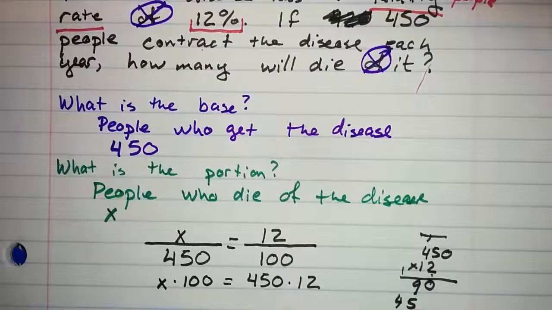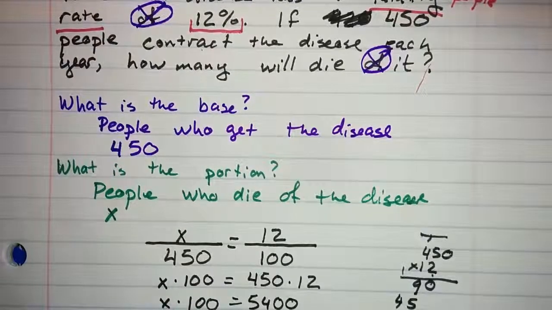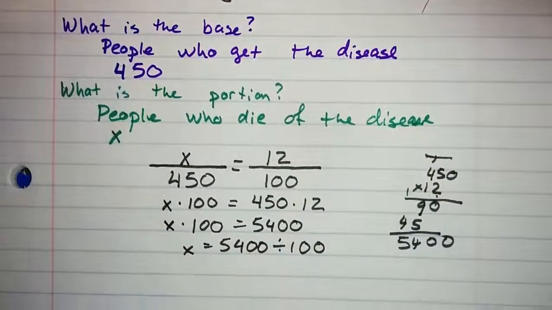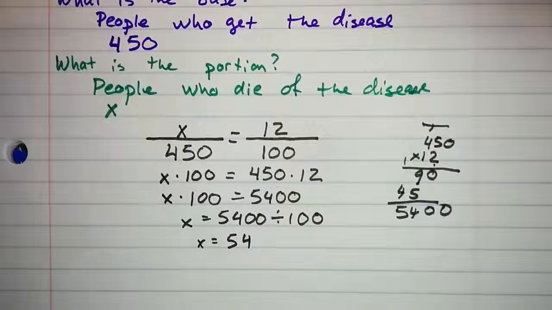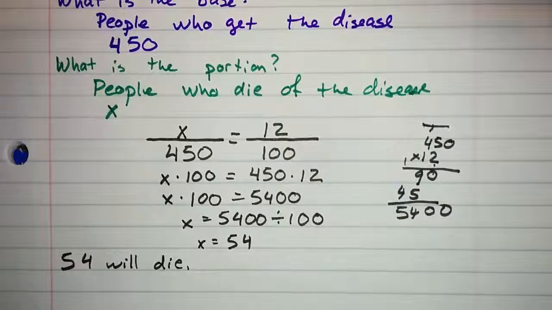Add in the trailing 0. X times 100 is 5,400. X is 5,400 divided by 100. That's super easy, right? X is going to be 54. Of the 450 people who get the disease, 54 will die.